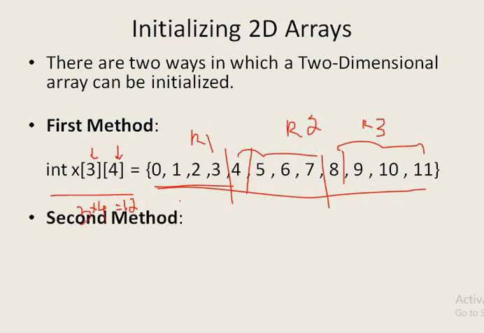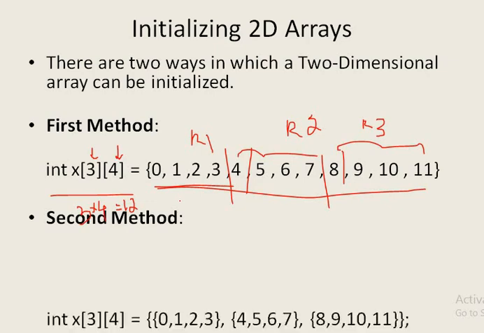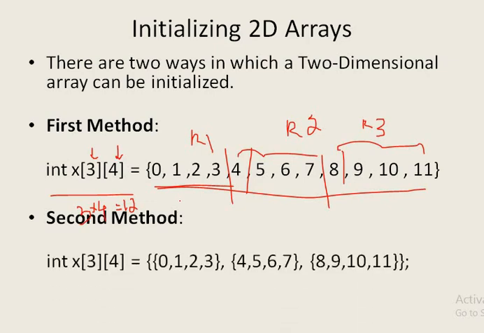Then comes the second method. This is a more efficient method. You can identify each and every row separately in this method. So, here the array declaration takes the form x of 3, 4 is equal to, specified in a pair of braces, and every row will be again included in an inner pair of braces.